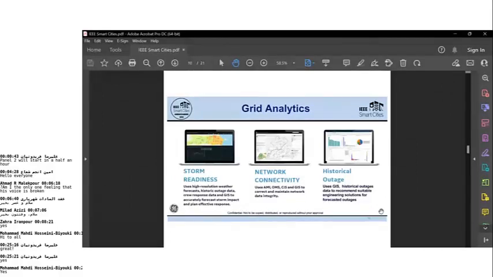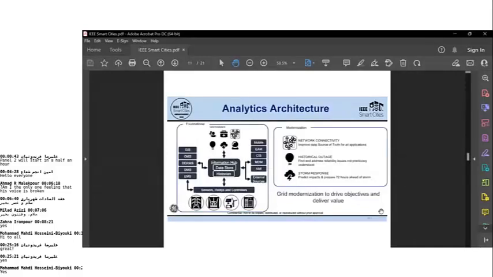This slide shows the overall architecture of these analytics. Starting with the left side, operational technology shows the data that feeds into the historian. These operational technologies include GIS, outage management system (OMS), distributed energy resource management system (DERMS), distribution management system (DMS), and energy management system (EMS).